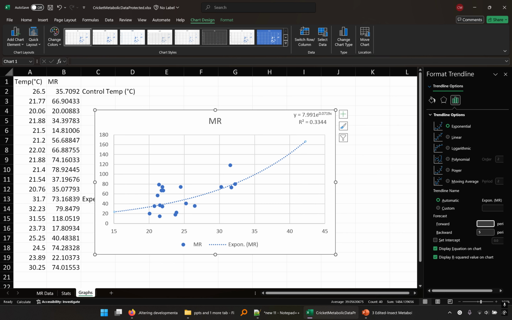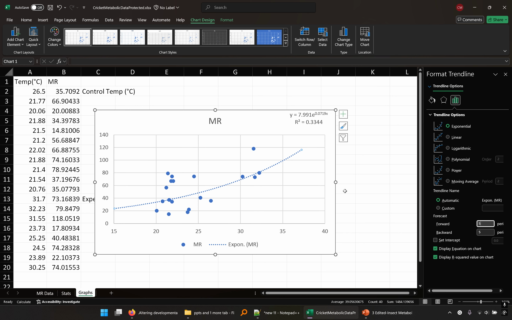I'm going to do 5 on each side. Yeah, this forecast is just extending the wings of it, so it's just showing how it's going to increase as it reaches 40 degrees. And these crickets would survive at 40, but this is the change in metabolic rate over temperature. This is the forecasted line.